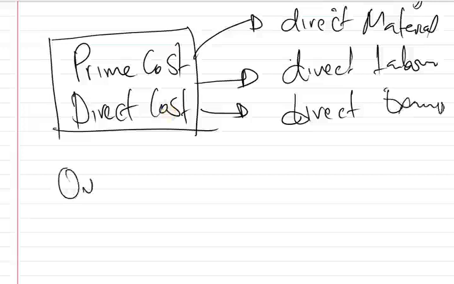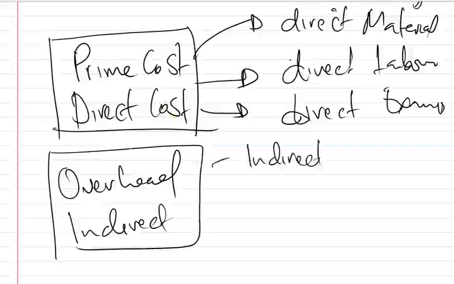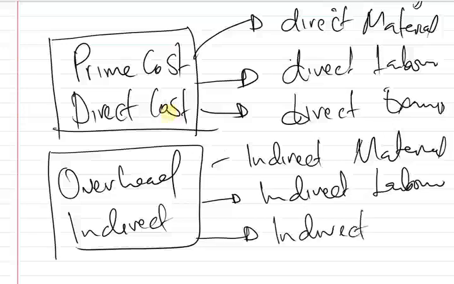And we're talking about overheads, which are the indirect cost. Under here, we have indirect material, indirect labor, and indirect expenses. So these are the ones that are under overhead or indirect cost.